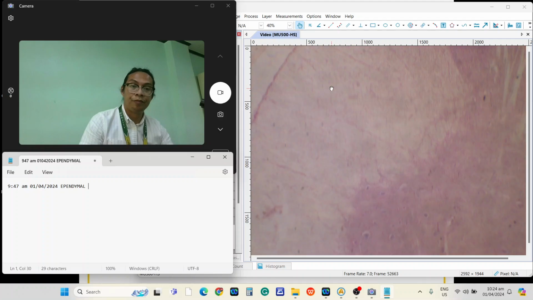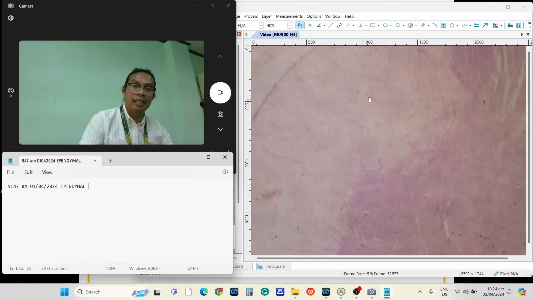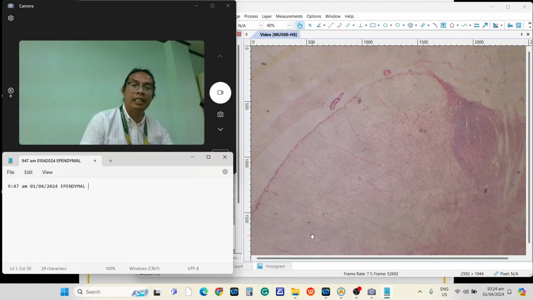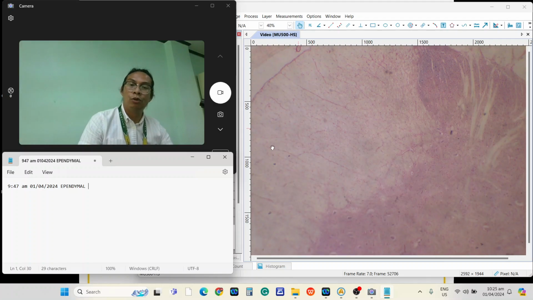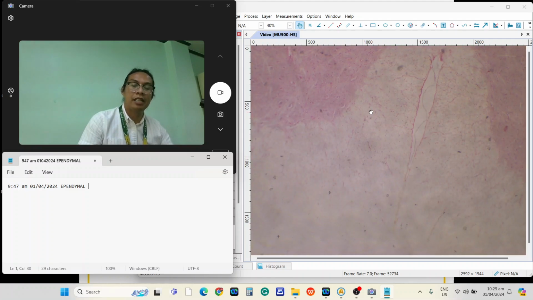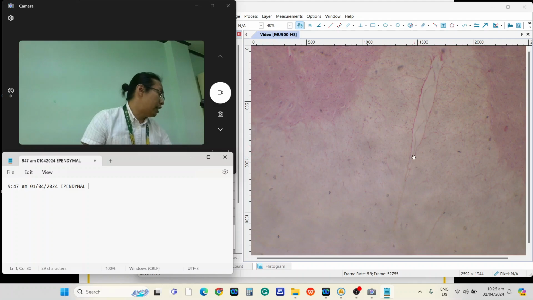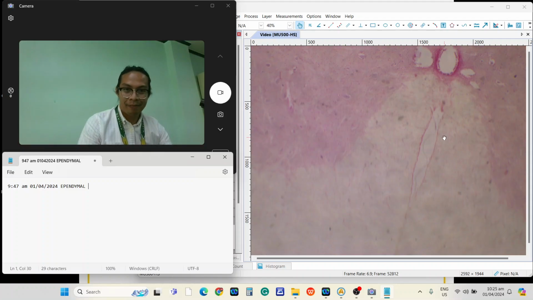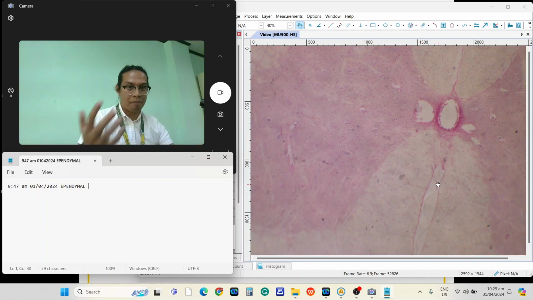This one, katapat ng lateral, that is the lateral funiculus. And finally, itong nasa ilalim, that is the ventral funiculus. Okay? In between the ventral horns. Madali lang. Di ba? Madali siya ma-appreciate.